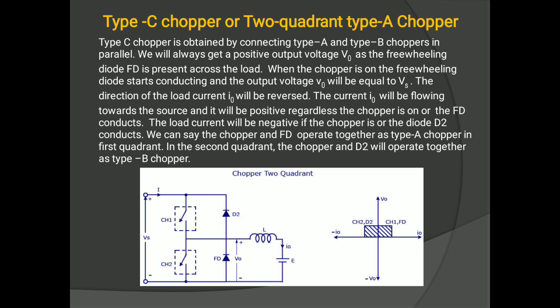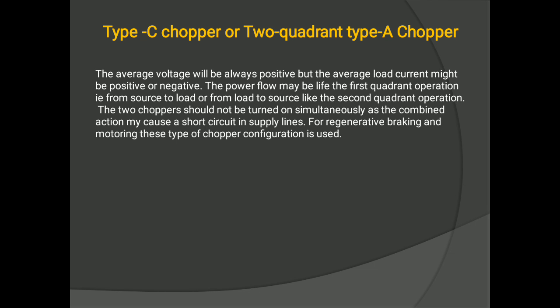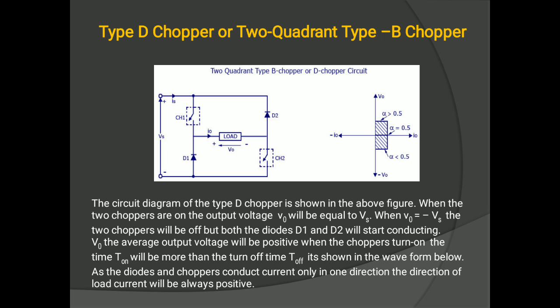Now we will study the type D chopper or 2-quadrant type B chopper. Here output voltage equals source voltage when both CH1 and CH2 are on, and output voltage equals minus source voltage when both CH1 and CH2 are off but both diodes D1 and D2 conduct.